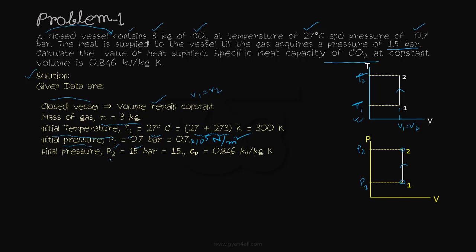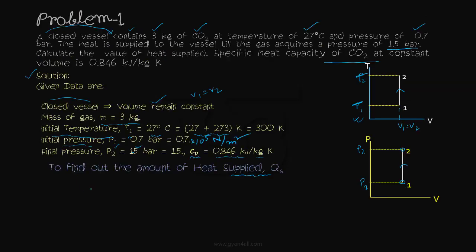And final pressure increases to 1.5 bar, and at the same time the specific heat at constant volume Cv is given as 0.846 kilojoule per kg per Kelvin. So we have to find out the amount of heat supplied, Qs, in this process.